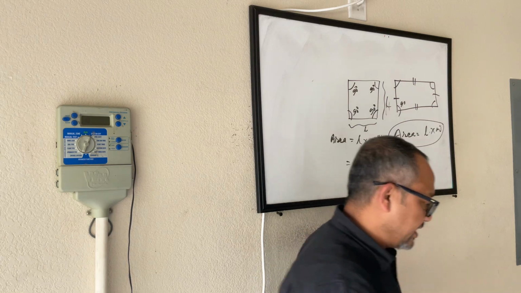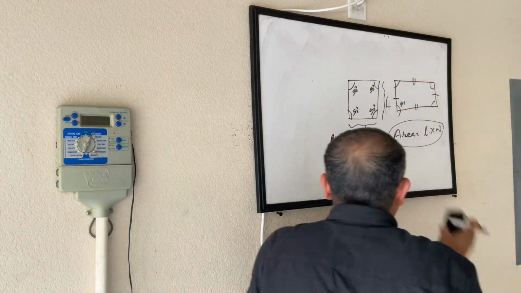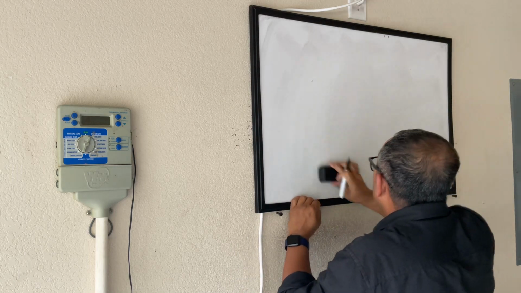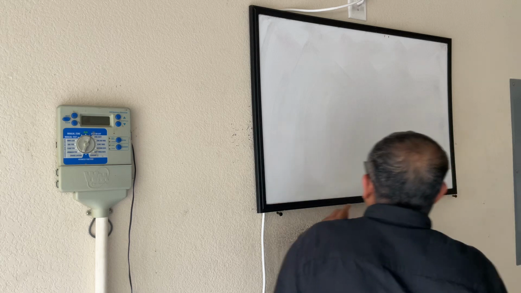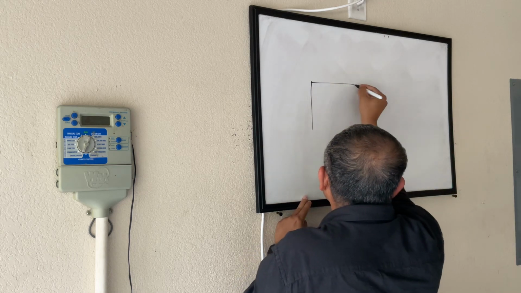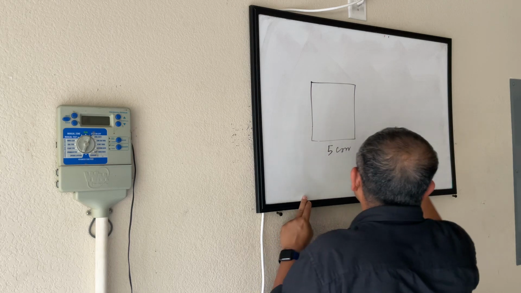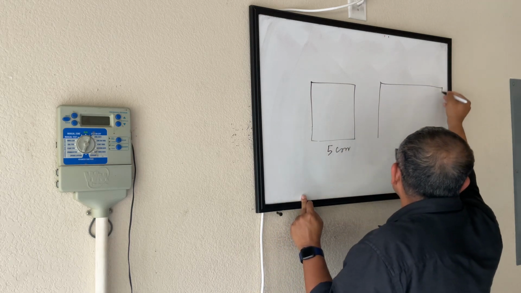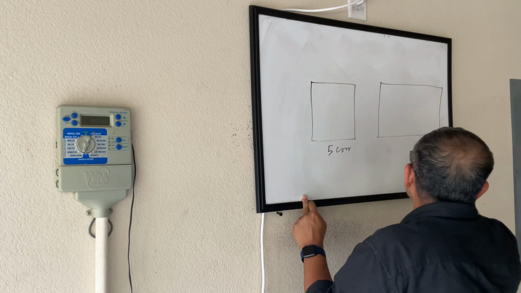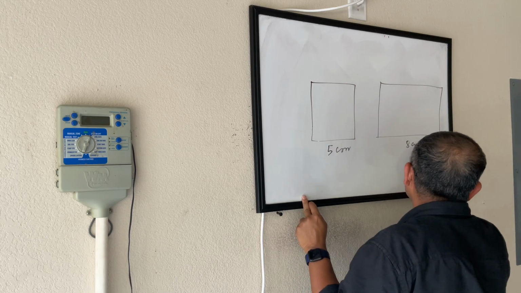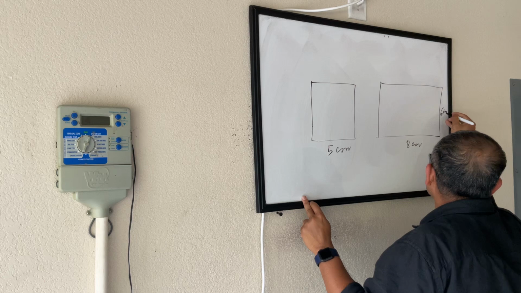Yes, sir. Okay. Now, if this was making sense to you guys, let's try to find out. I have one square with length 5 centimeters, and one rectangle with length 8 centimeters and width 6 centimeters.